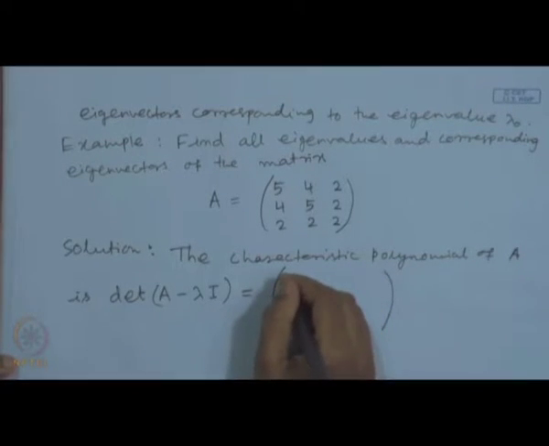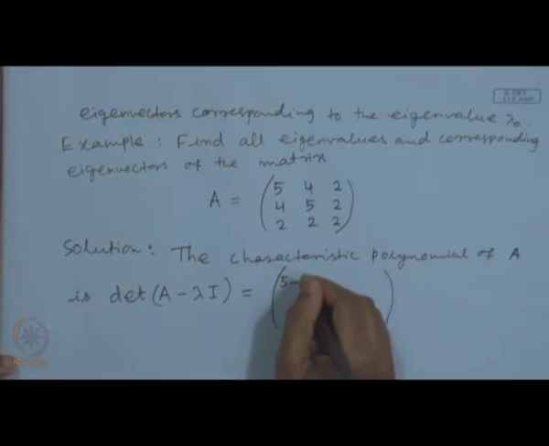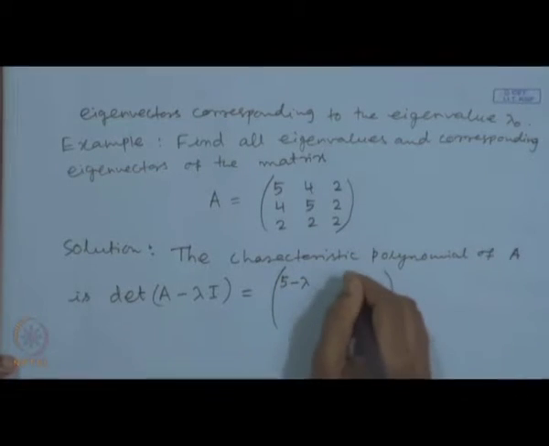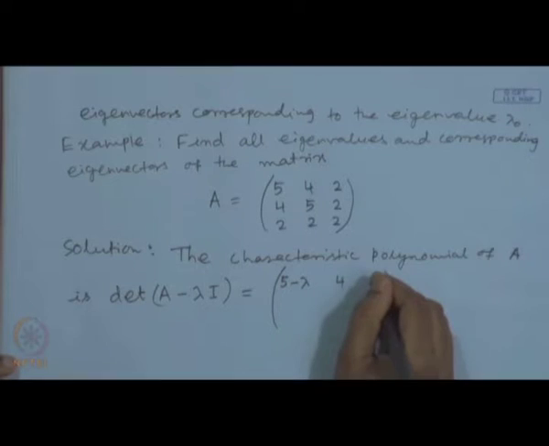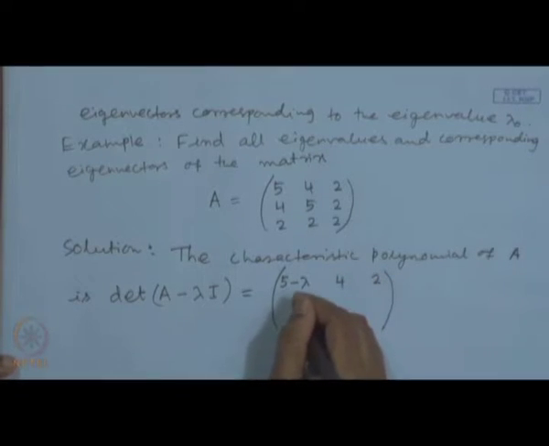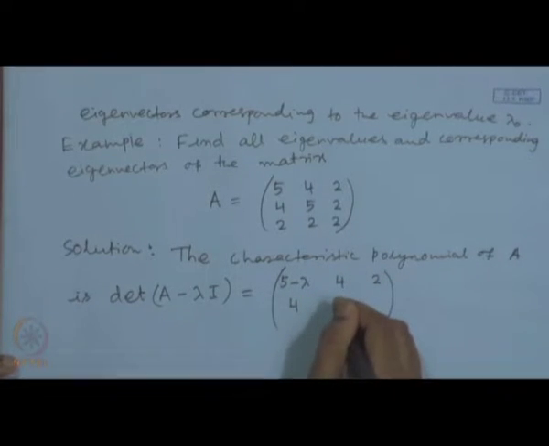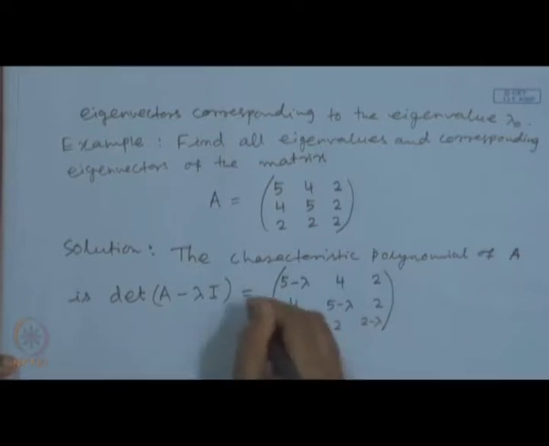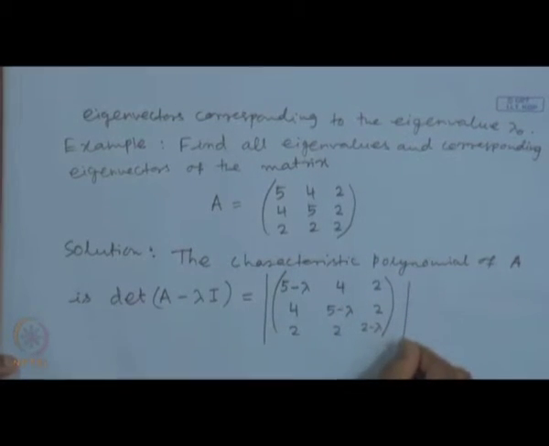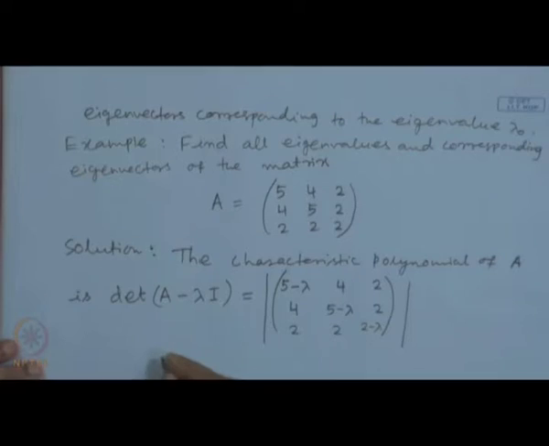So, A minus lambda I is 5 minus lambda, 4, 2; 4, 5 minus lambda, 2; 2, 2, 2 minus lambda, and we have to find its determinant.